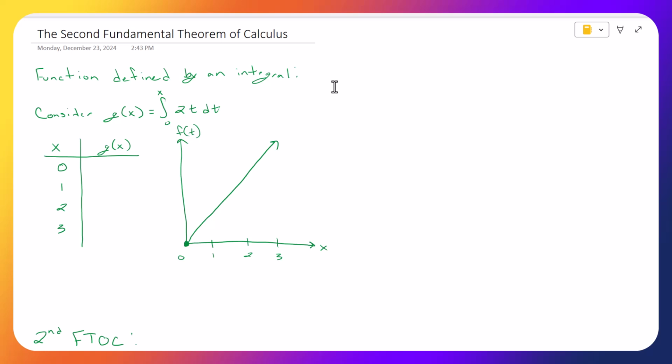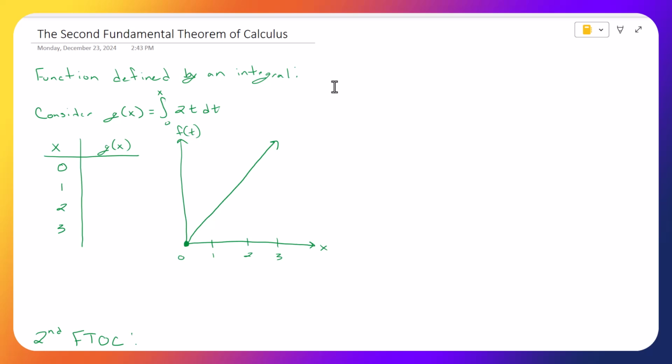If you're wondering, we haven't learned the first fundamental theorem of calculus. No, we have not. That's going to come up later. We are going to learn it, but this second fundamental theorem gives us a relationship that I want us to have before we move on to our first fundamental theorem, which is more of applying that relationship.